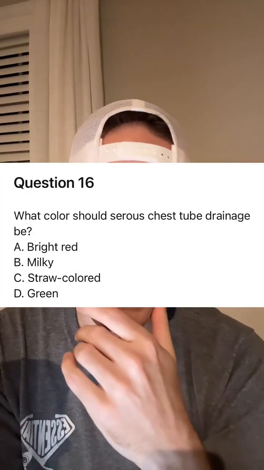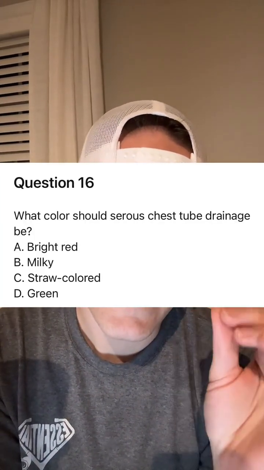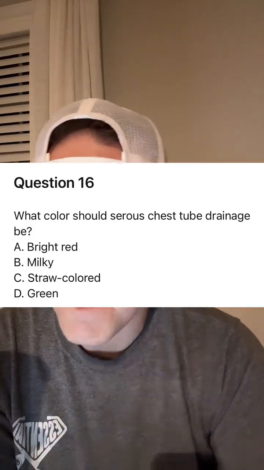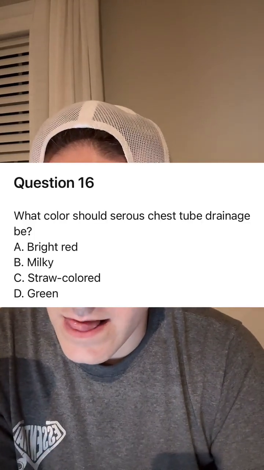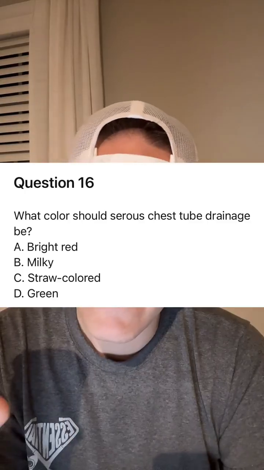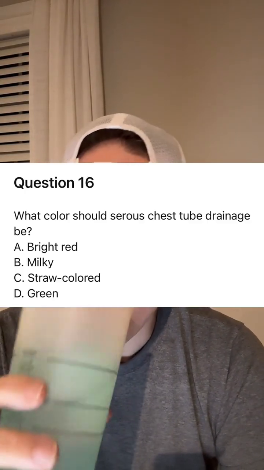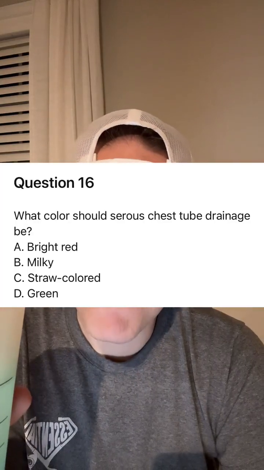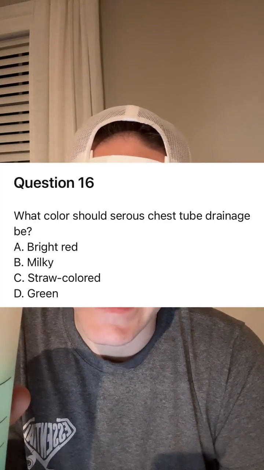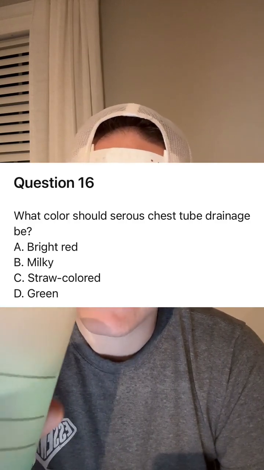All right, 16. What color should serous chest tube drainage be? Getting a little more challenging here. We see you guys are all over the place.